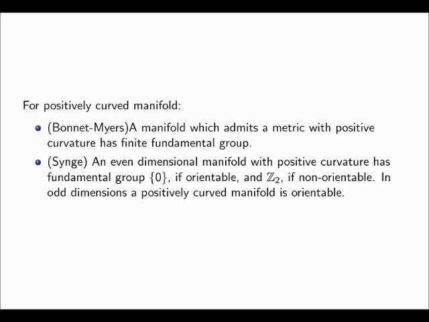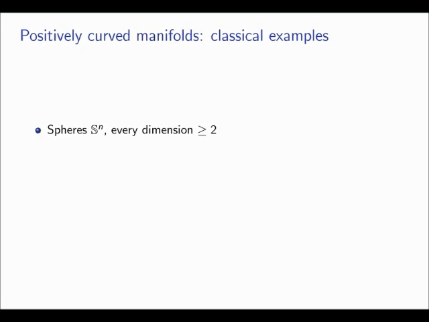We assume the manifold is compact. Then we look at some examples. You see, we don't have much result for the topology of the manifold, and also there is no classification in dimension 4.